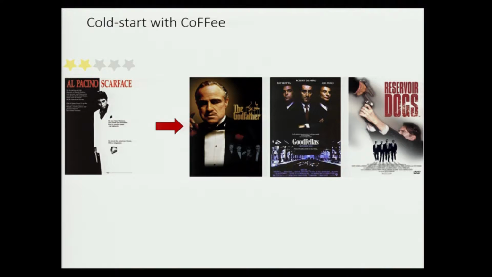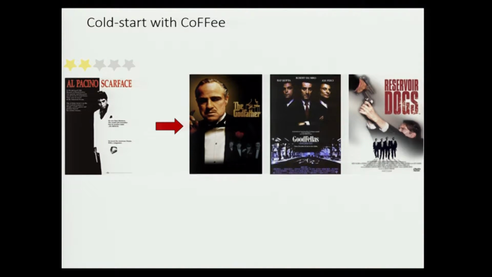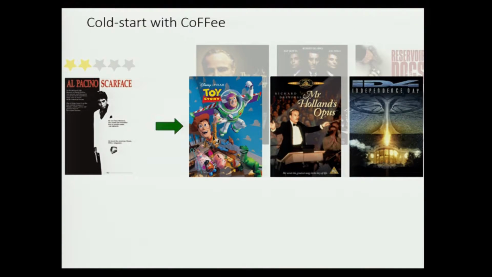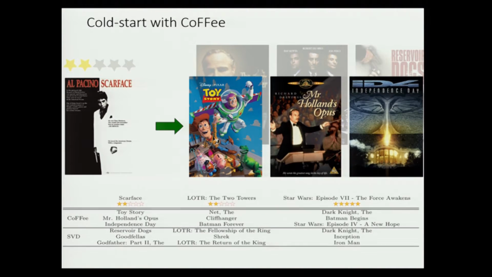So let's go back to this first example. When we use that model, the coffee model, we get this recommendation list, which now starts to make sense, right? Those movies have different, even opposite features. And we played with the model to see that it produces consistent results for different examples.